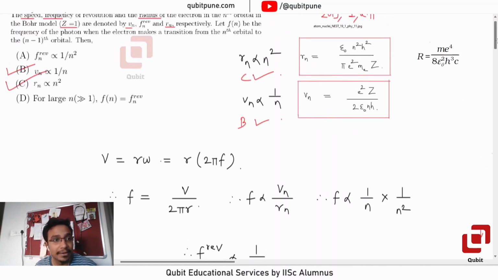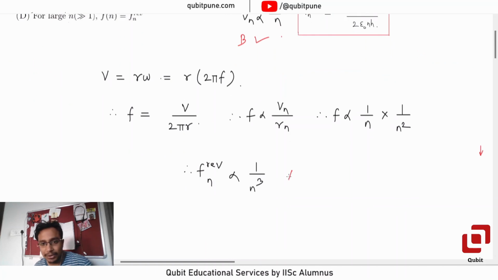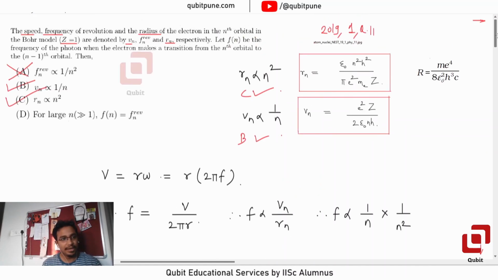Is it right? No, option A is not right, because in option A they say it should be proportional to 1 upon n squared, but we have got cubed. So it is not A. B, C were very straightforward, but now let's go to D and see if we indeed get it.